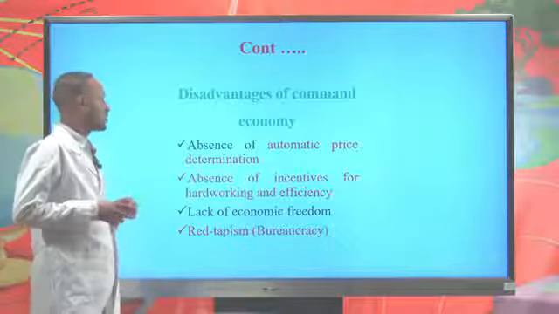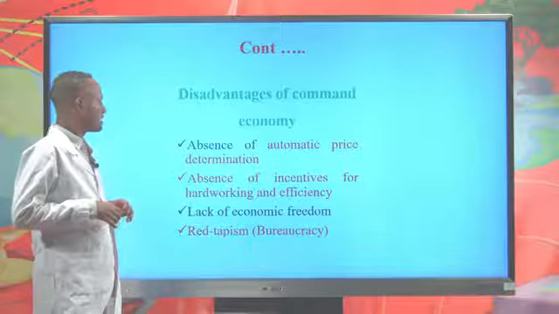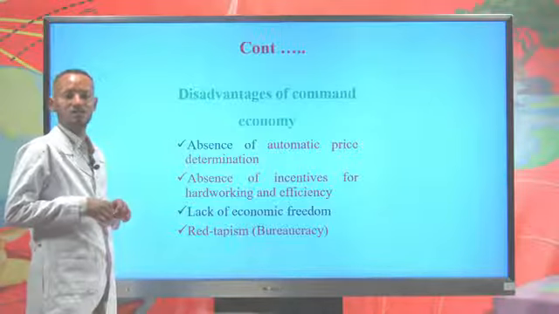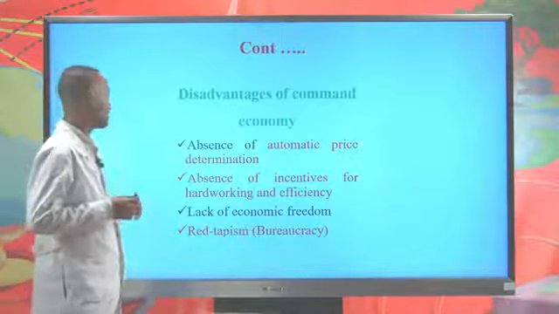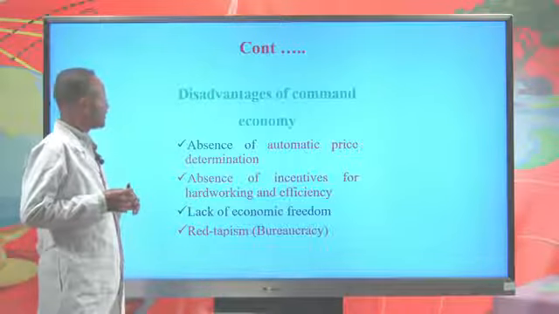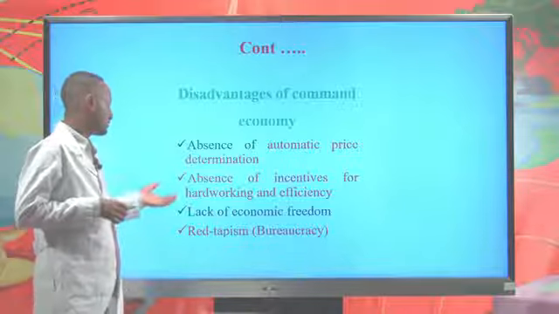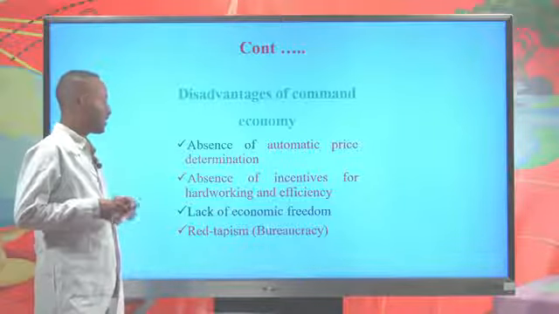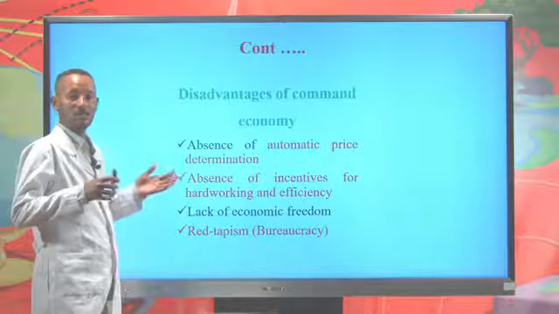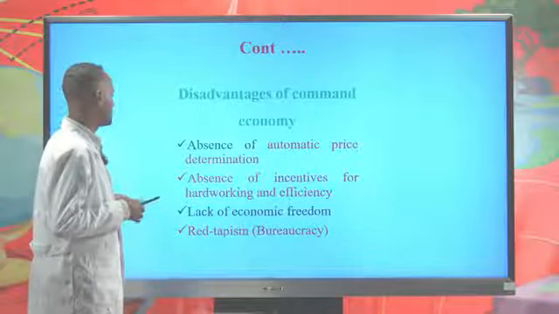When we see the disadvantages of the command economy system, there is absence of automatic price determination. Under the capitalist economy system, the price is determined by the demand and supply of commodities. But under the command economy system, there is no automatic price determination. Absence of incentives for hard work and efficiency: because there is a ceiling in the command economy system, individuals or entrepreneurs are discouraged from these incentives.